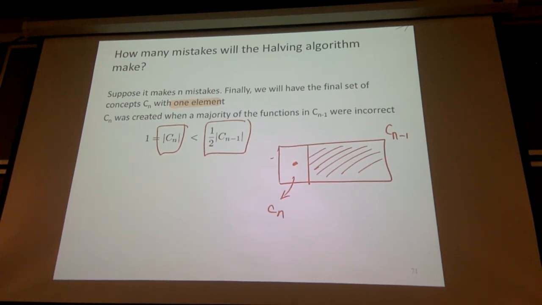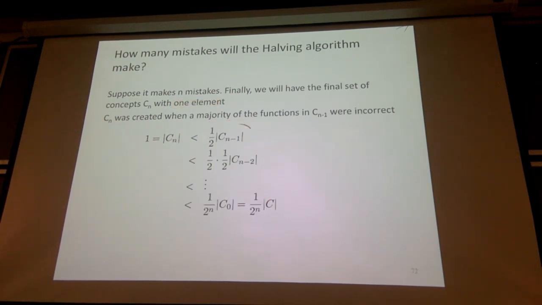Does it make sense? Let's now worry about Cn minus 1. How was Cn minus 1 created? It was created because there was a Cn minus 2 that made a mistake, and more than half of it was thrown away. So the size of Cn minus 1 is less than half the size of Cn minus 2. We can keep going until we get to C0.